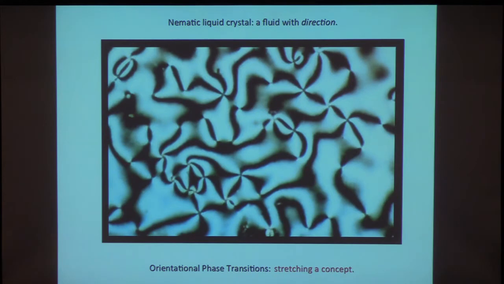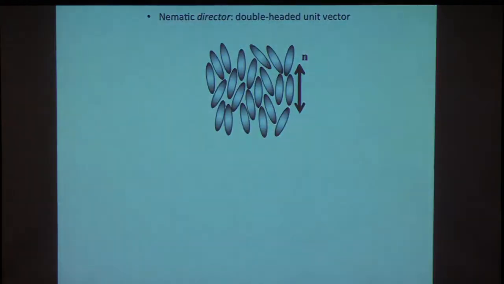First let's talk a little bit about nematic liquid crystals. If you have a textbook on nematic liquid crystals, you almost surely will see this picture. This represents organic molecules, to the horror of organic chemists, and we're not distinguishing the two ends, or you might say it's 50-50. There is an average direction, and that is the nematic director, which we represent by a double-headed unit vector because it doesn't matter whether it points down or up, it's the same structure.